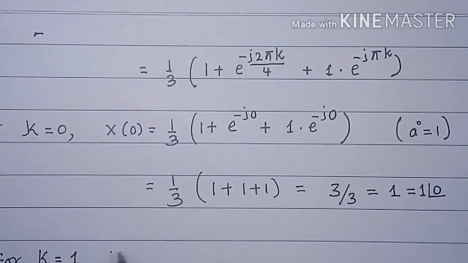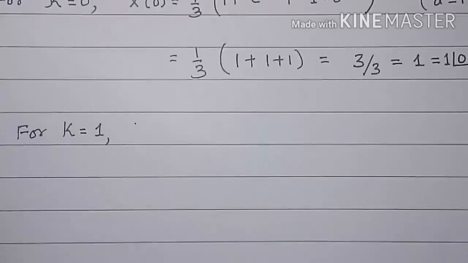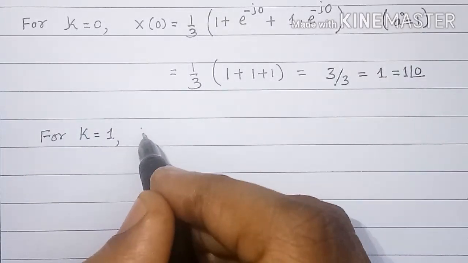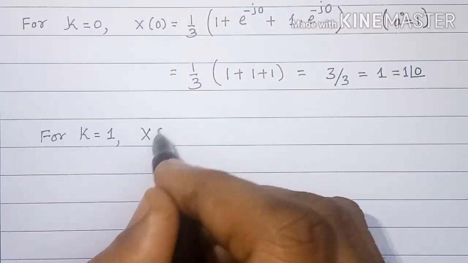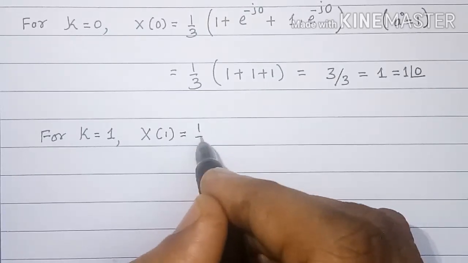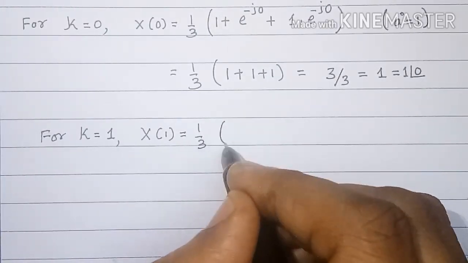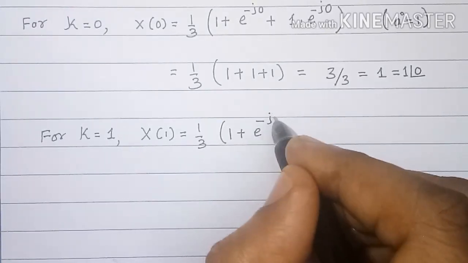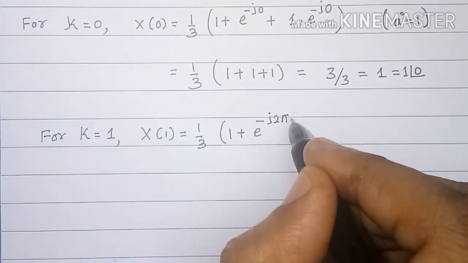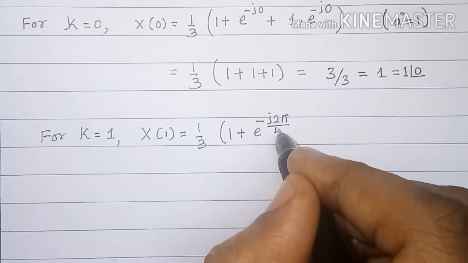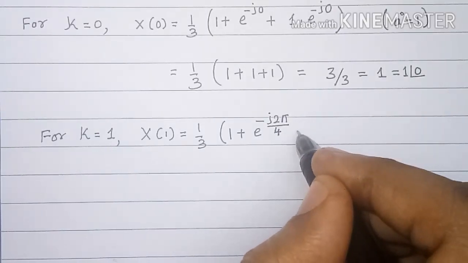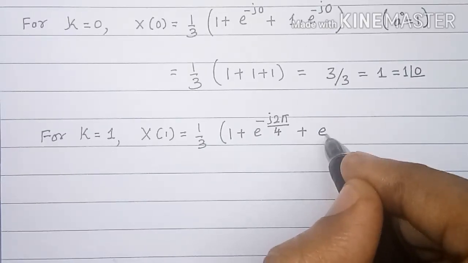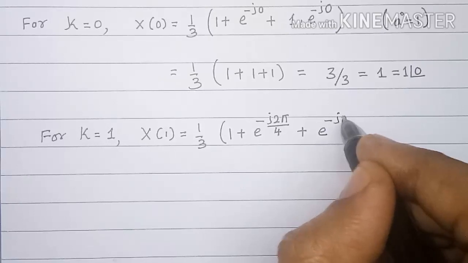For k equal to 1, x of 1 equal to 1 by 3 into the bracket 1 plus e raised to minus j 2 pi divided by 4 plus e raised to minus j pi.